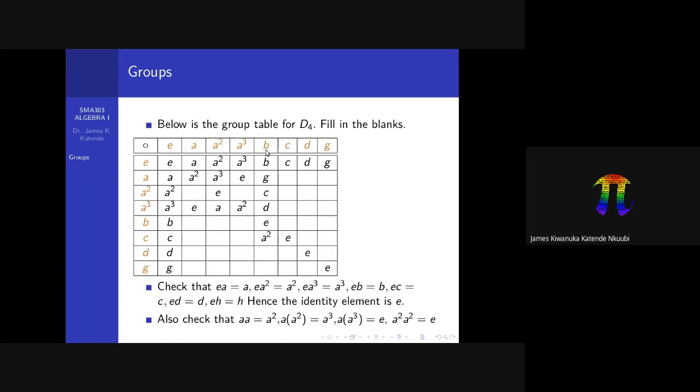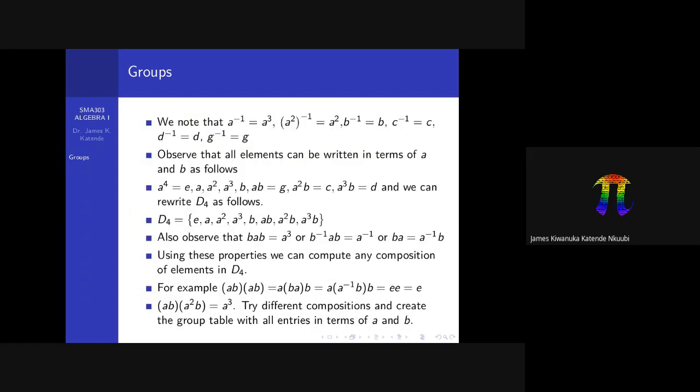And then B, we want to write them in terms of B. So we pick B first on its own. Then we show that the remaining three can also be written in terms of A and B. If you check A and B, you will get G. A squared and B, you will get C. And then A cubed and B, you will get D. So this gives you all the elements of D4, all of them written in terms of A and B. That is sometimes convenient, and therefore we can write all the elements of D4 as follows.